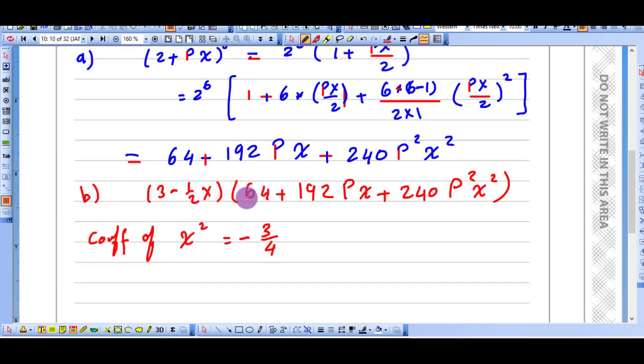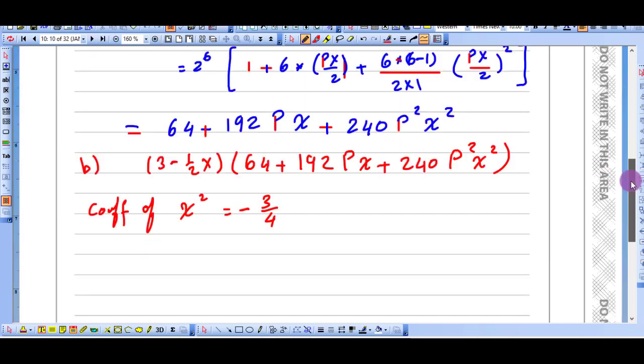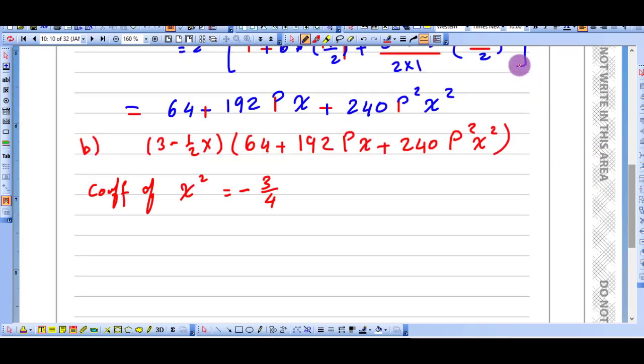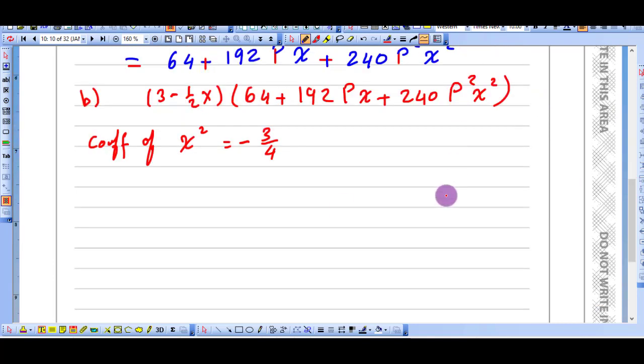So 3 by 64, no x. Here 3 by this one, no x. 3 by b squared x squared, we now have the coefficient of x squared. So we have 3 by 240 b squared. The second part, here x, here x squared.